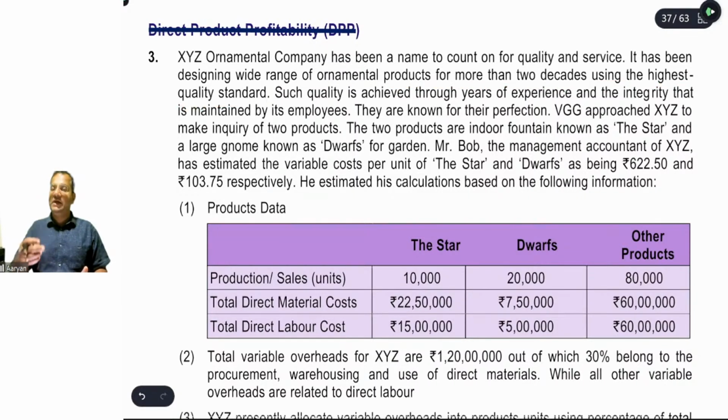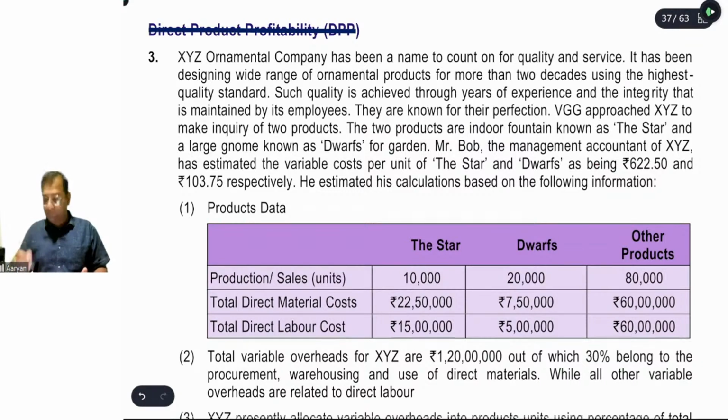So the company has been providing its products and services for the last 2 decades, almost 20 years. Such quality is achieved through years of experience and the integrity maintained by its employees. Very good. They are known for their perfection. What is the name of our company? It is XYZ Ornamental Company.